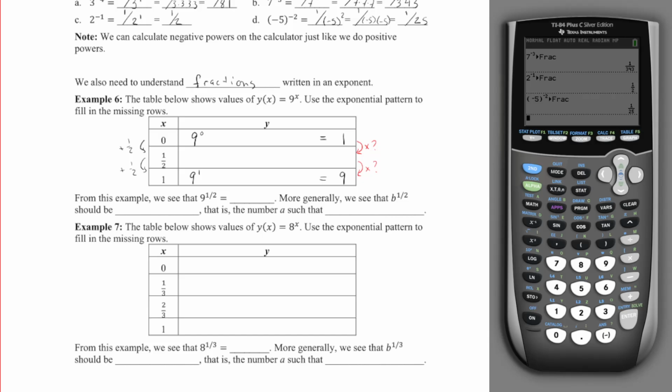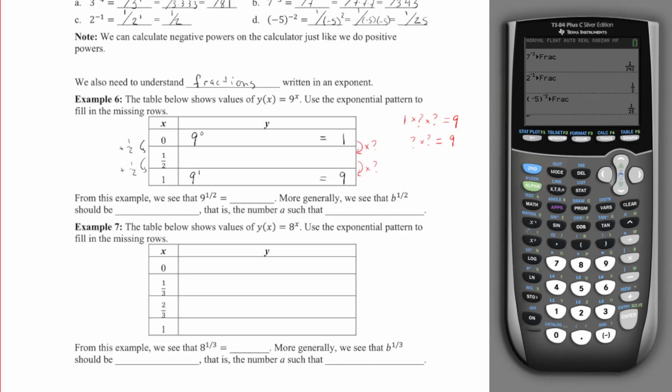Well, we started with 1, and then we multiplied it by our unknown amount, and then we did it again, and we got 9. So our unknown number when we multiply it by itself has to give us 9. What number is that?